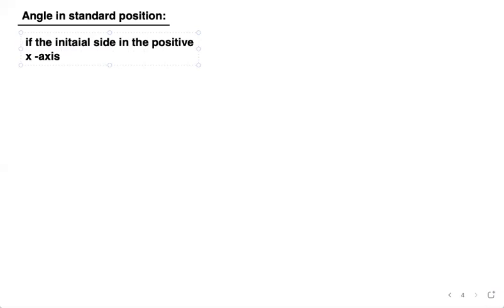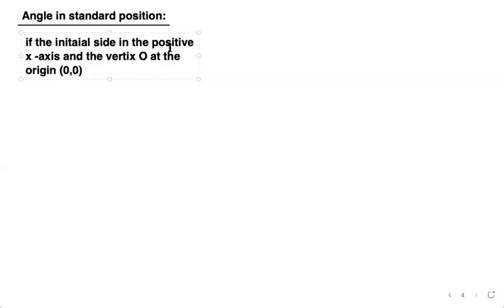The initial side means where we start measuring the angle. If it's in the positive x-axis in the Cartesian plane, and the vertex is at the origin. The origin is 0, comma 0.